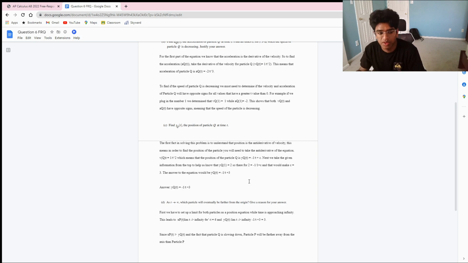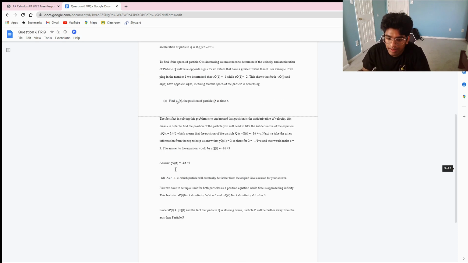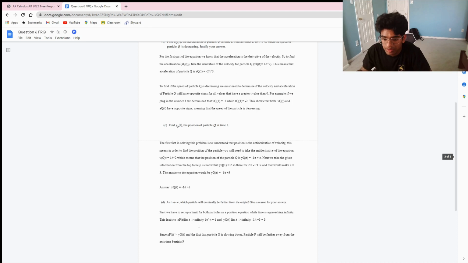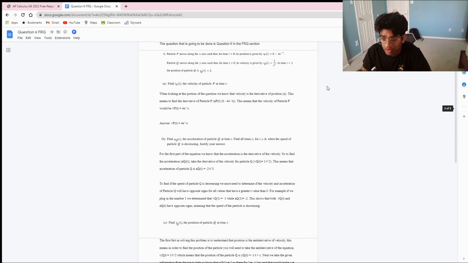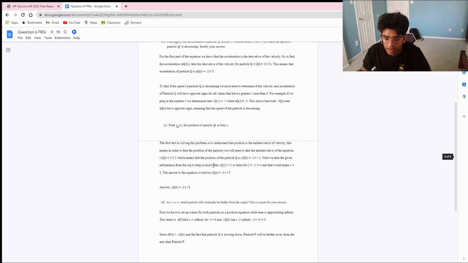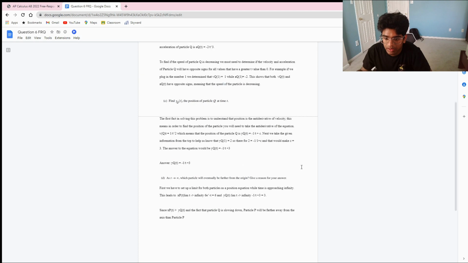The last part of the question asks which particle would be farther away from the origin as t approaches infinity. We have the position for particle Q, and the position for particle P is given here.